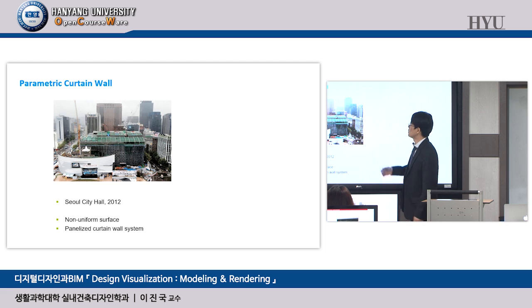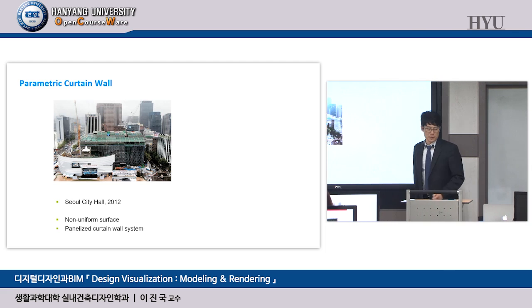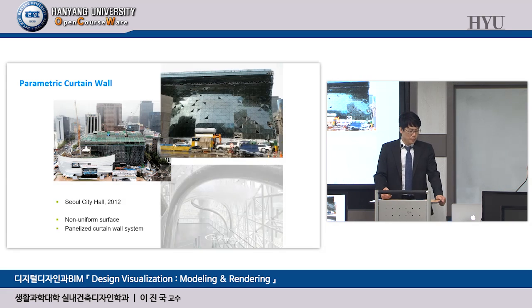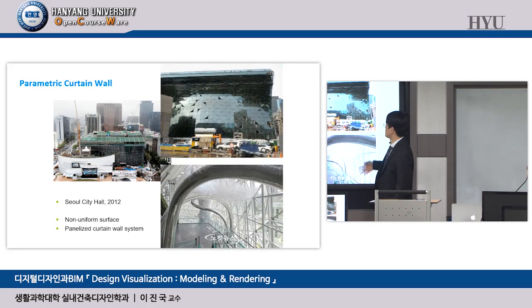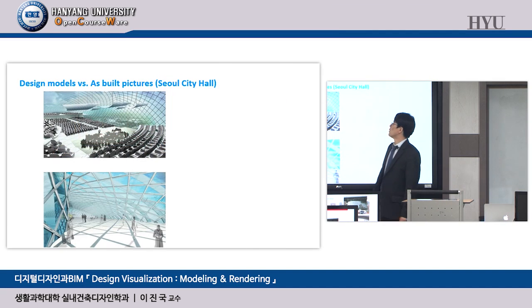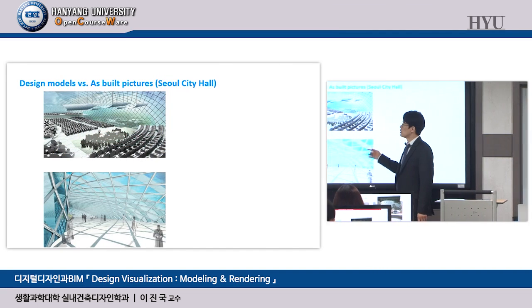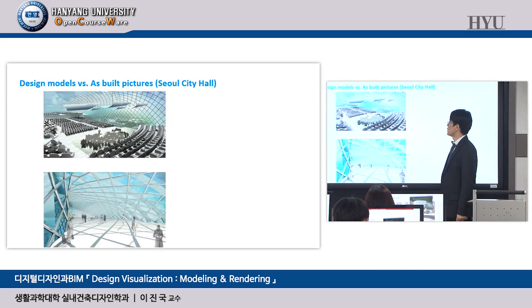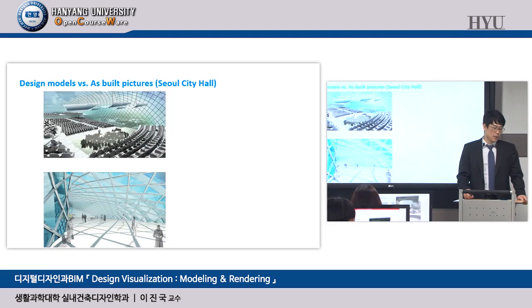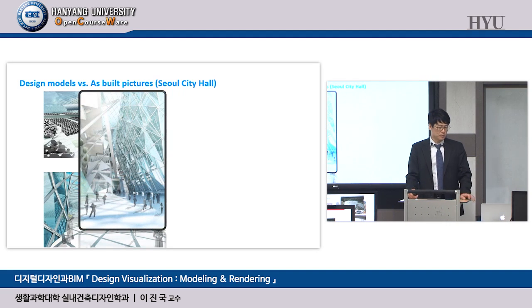Some people think this building has a good surface, but most people don't like this building shape, construction. As you see, the construction process, but as I introduced before, the preliminary, original design model, the design visualization, looks totally different, okay? Very different actually.